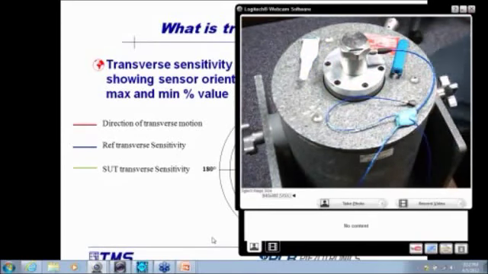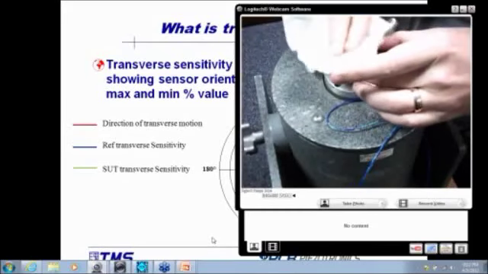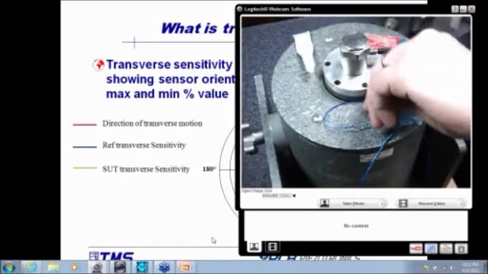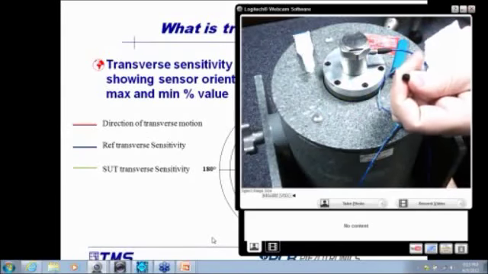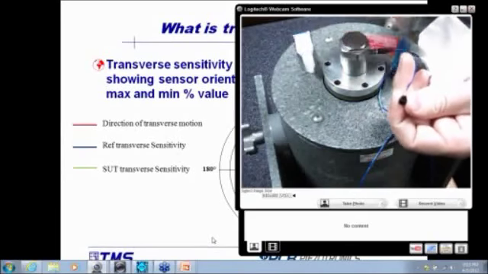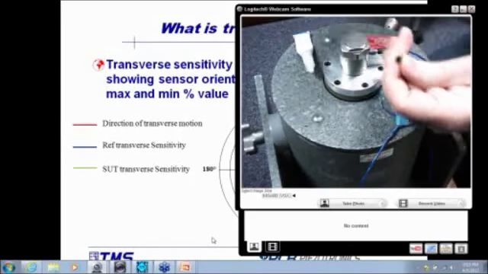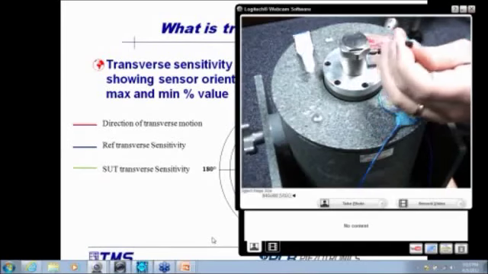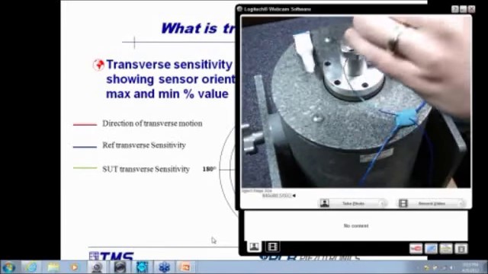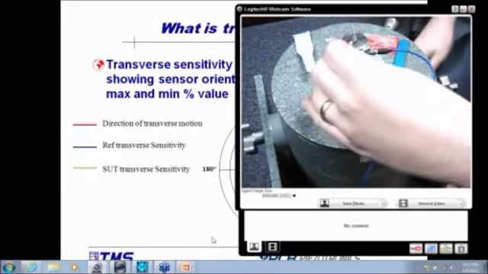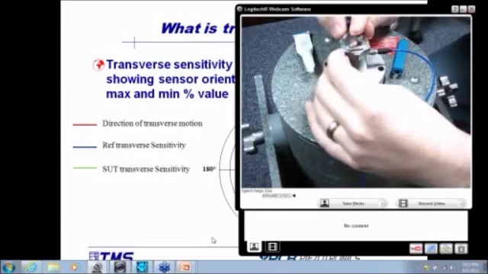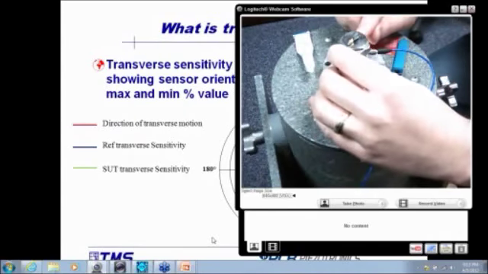Of course, we need the surfaces to be clean. Now, if you were paying attention and you saw the original orientation, the sensor was oriented, I'm trying to move my hand out of the way, like this.